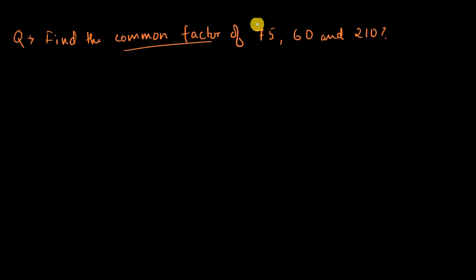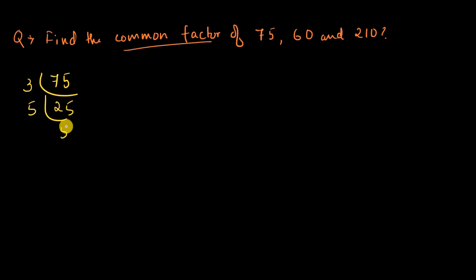First we'll find the factors of each of them: 75, then 60, then 210. We'll write down the factors and see if there is anything common between them. Let's do it. First we'll find the factors of 75. 75 is divisible by 3, 5. You know this process, right?